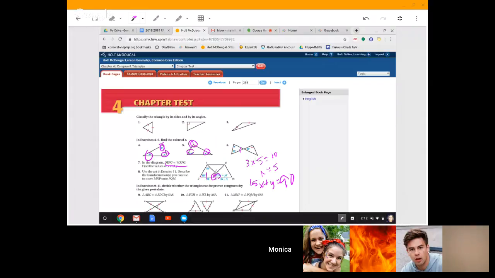No, it's not a right angle. What types of angles are these two angles here? Yeah, they're vertical angles. And what do we know about vertical angles?